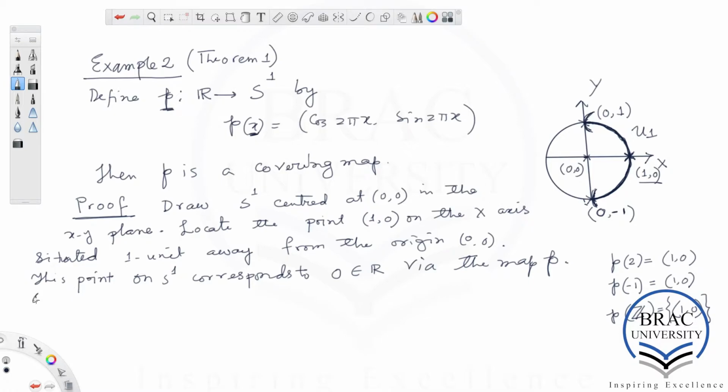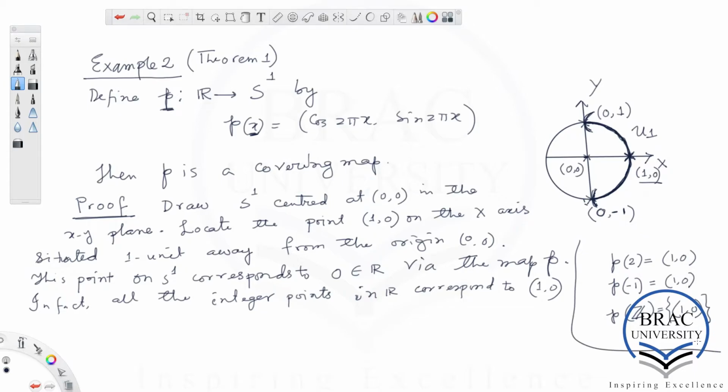So this is what we are going to write here. In fact, all the integer points in R correspond to (1, 0) on the unit circle via the map P. In other words, this can also be rewritten in the following way.